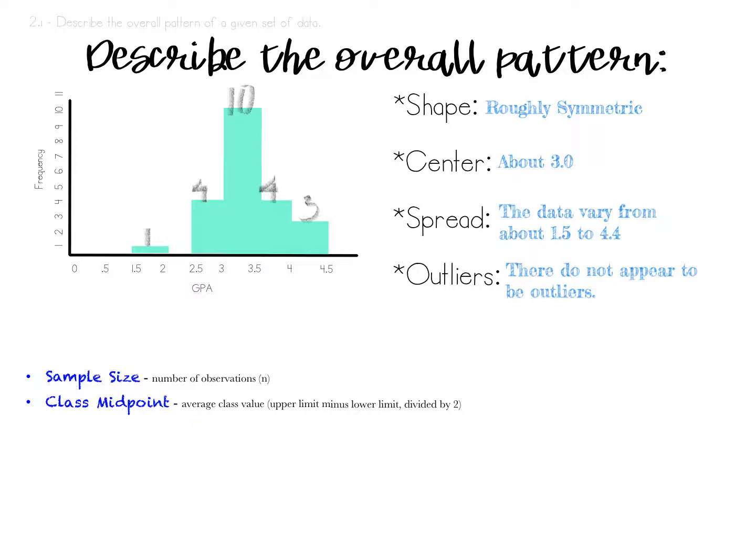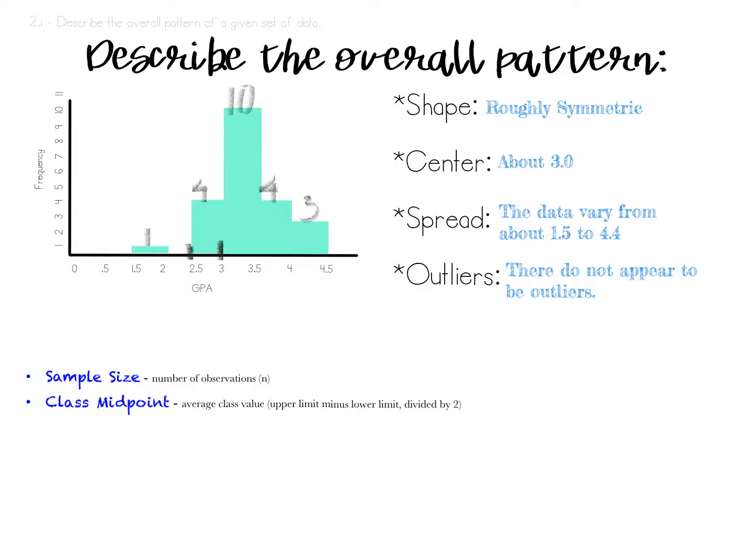Okay, the class midpoint. This is a definition that you do need to know for the dual credit statistics. You're not going to see this a whole lot, but I do want you to have exposure to it. So the class midpoint is the average class value. So when we're talking about class, we're talking about the distance of one interval, basically. So we're talking about a 2.5 to that next class that starts at 3.